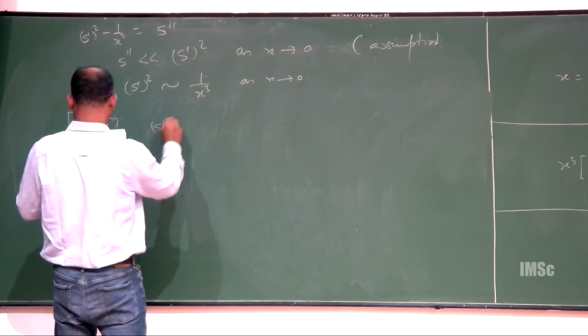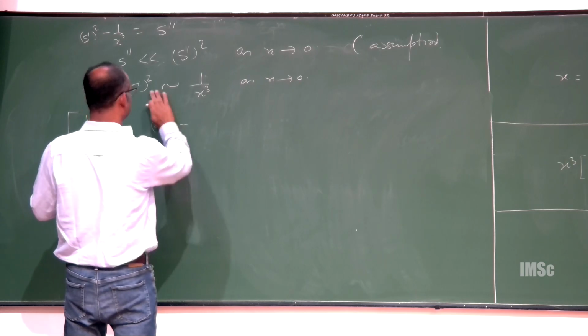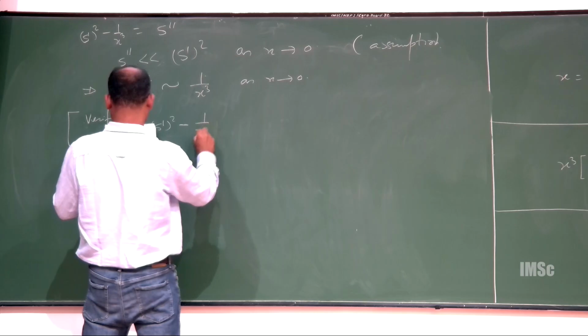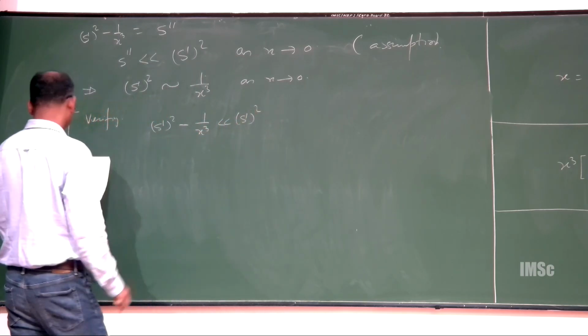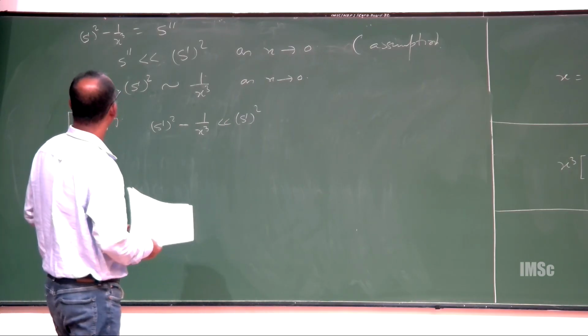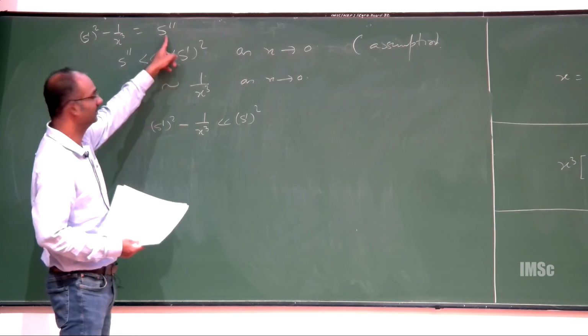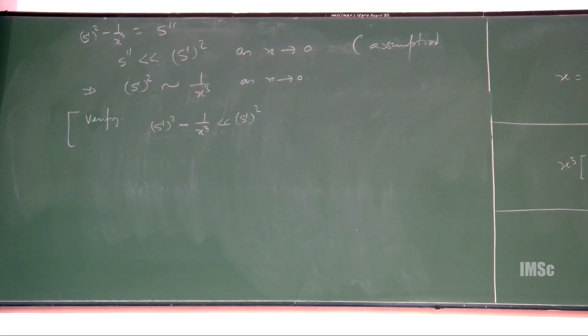So s prime square being asymptotic to this means the difference should be much less than s prime square. But then this is s double prime. So it is true.